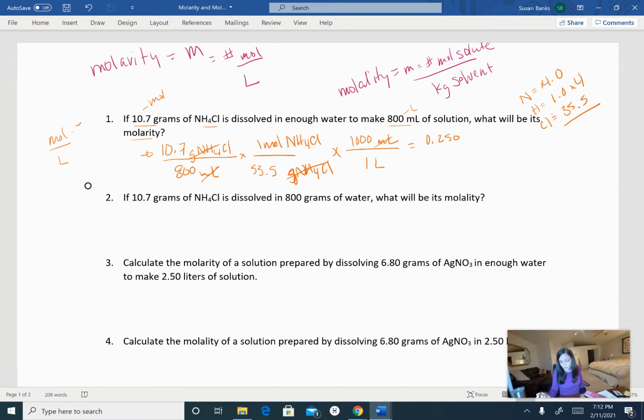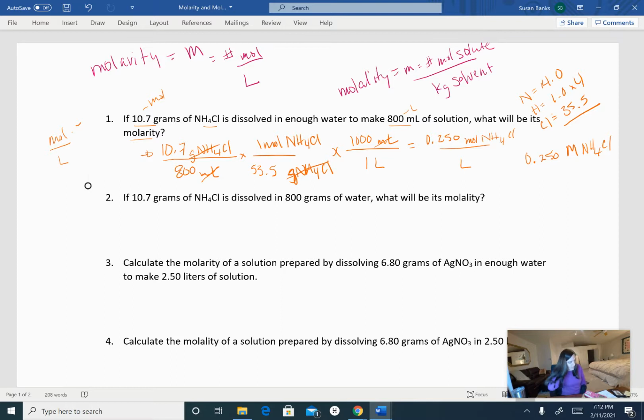Canvas doesn't let you put it unless it's part of the whole number sequence, but if it's past the decimal, Canvas won't let you do that. So there are 2 ways that we can label this. We have moles of ammonium chloride per liter, or I could label this as 0.250 big capital M ammonium chloride. Both of those would work.